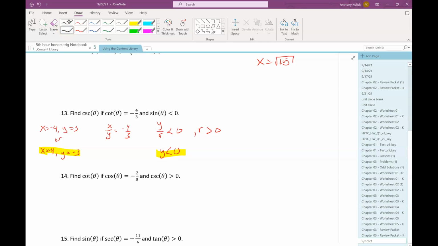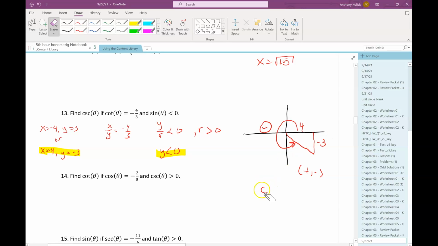Okay. So I know how to draw my picture then. So I need to be in the first quadrant where x is positive and y is negative. So there's my theta. And if I build my triangle, I know that x is 4, y is negative 3. And if I use my Pythagorean theorem, I know that r has got to be 5.